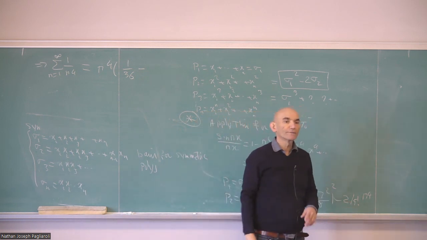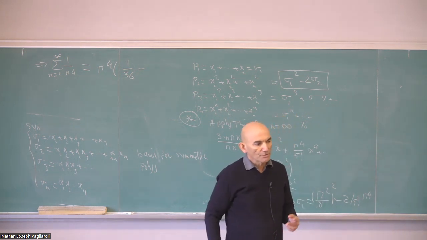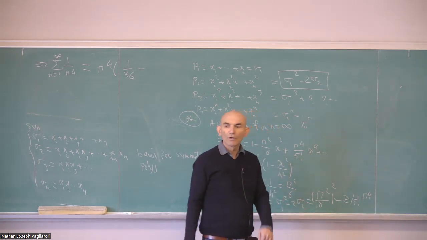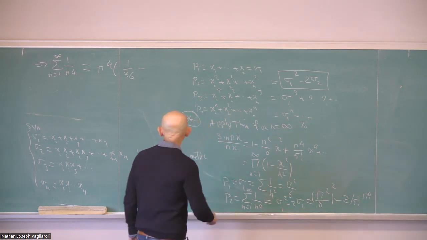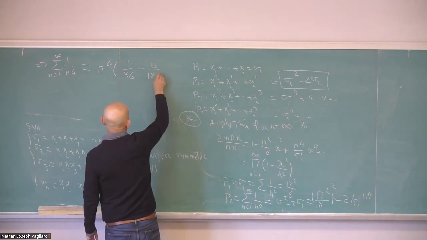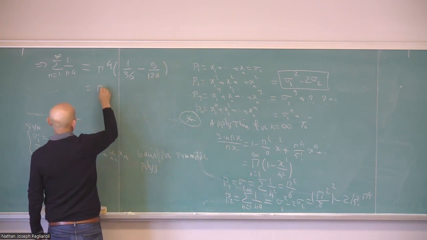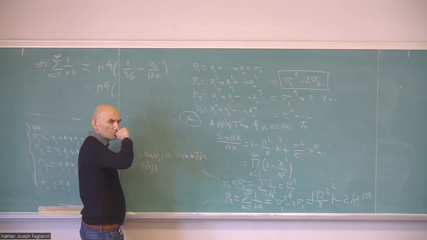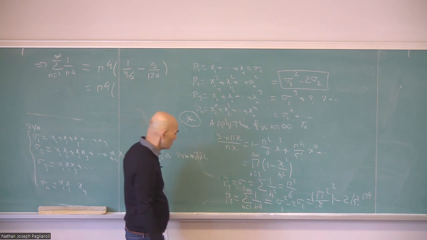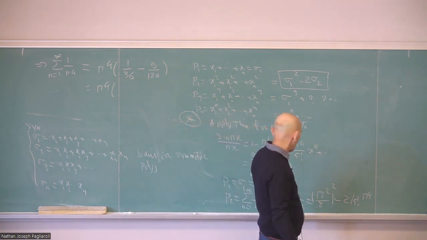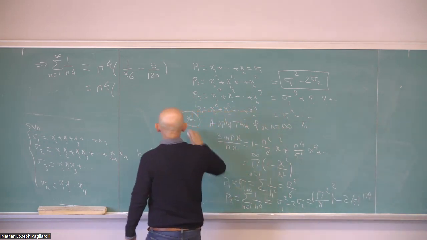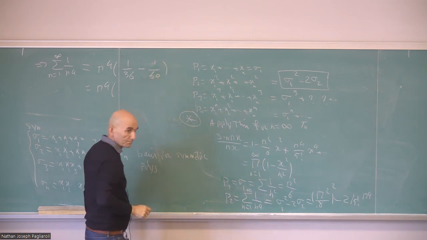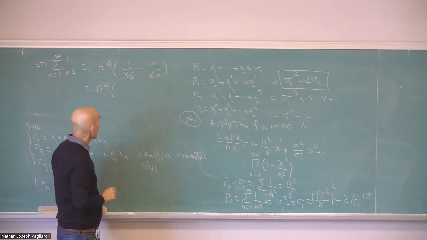What is 5 factorial? 5 times 4 times 3, 60, 120. So 2 over 120, yes, that is 1 over 60, right? So what is it?